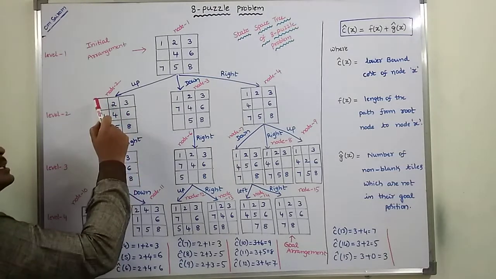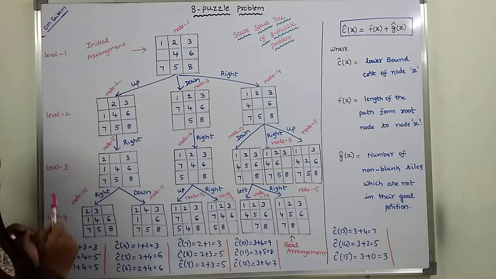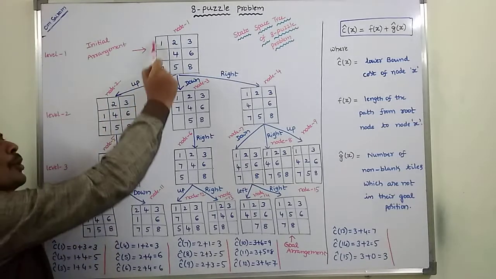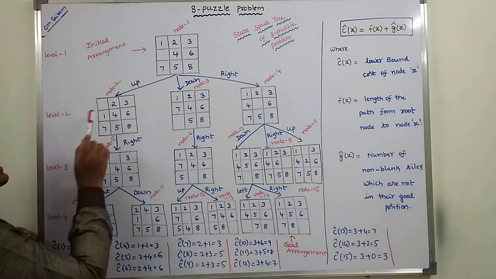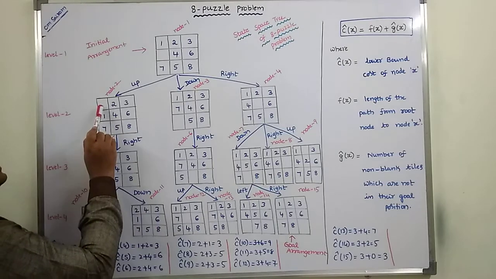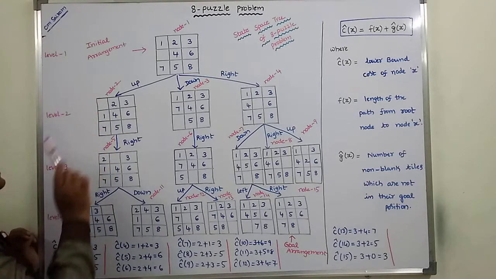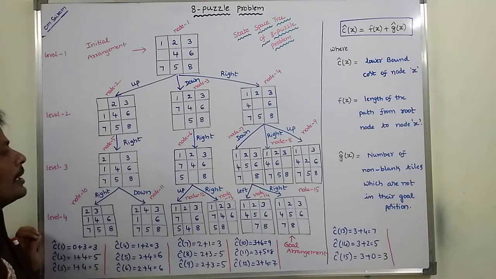Whenever we move the empty slot down, we get the same node, so we are not considering the down direction. Up, down and left cannot be considered. Only the right direction is possible.